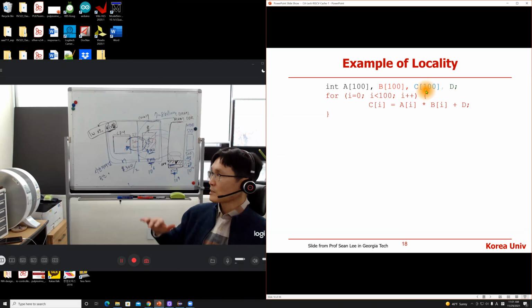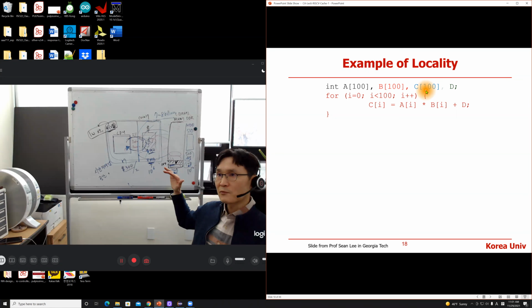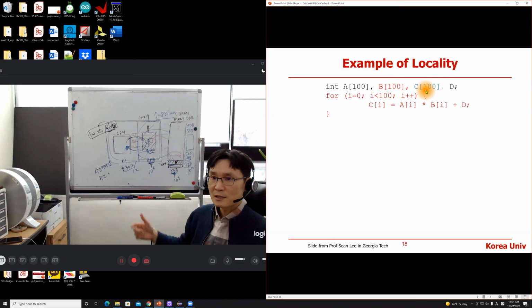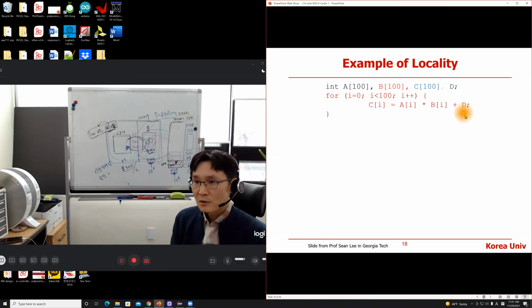If you access one data, it's very likely for you to access the same data again and again. So think about this D. You are accessing D 100 times. So D is showing temporal locality characteristic.